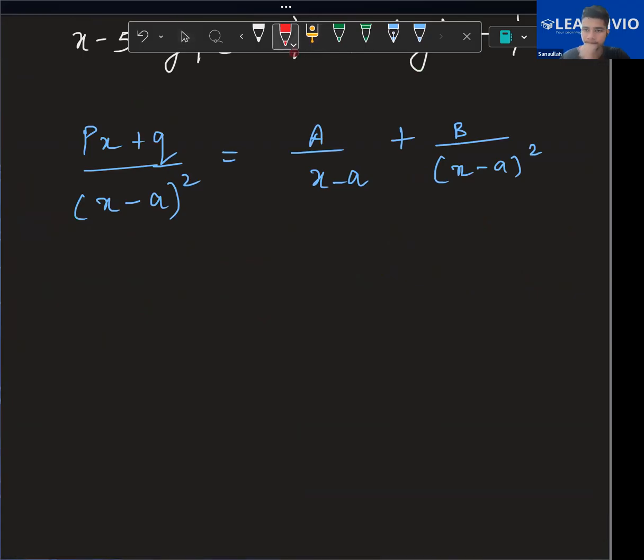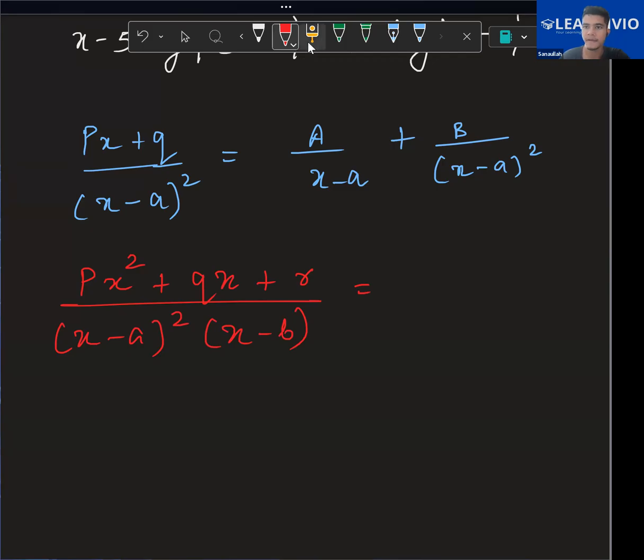So based on this, if you have a polynomial equation like a quadratic in the numerator as well, px square plus qx plus r upon x minus a whole square and x minus b, how will you do this?